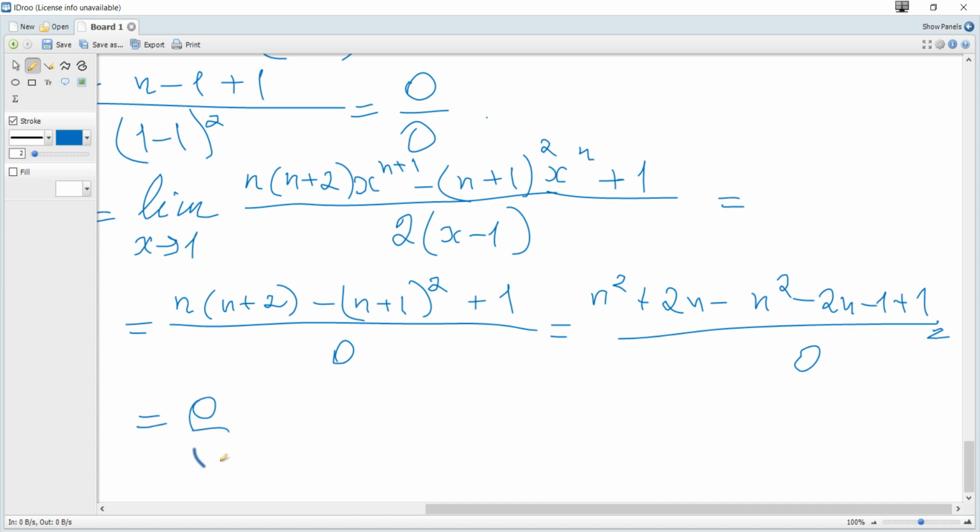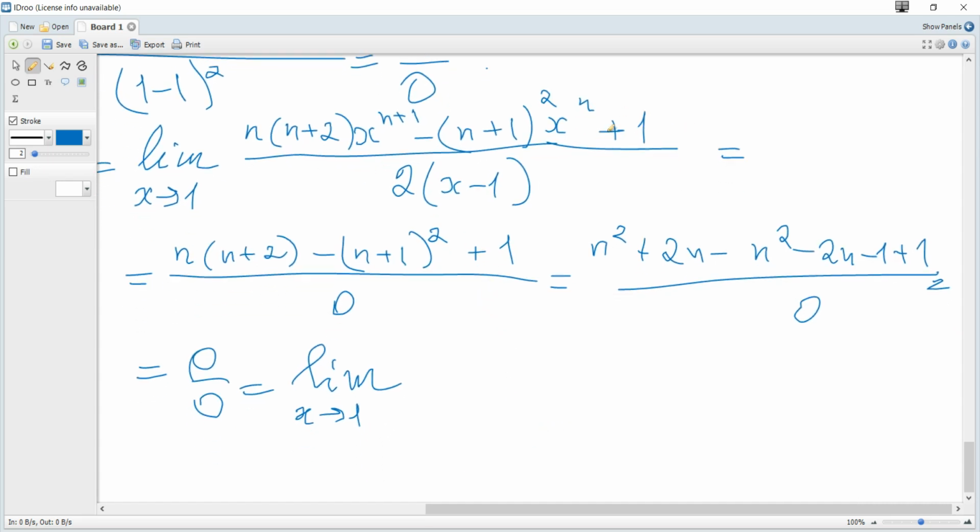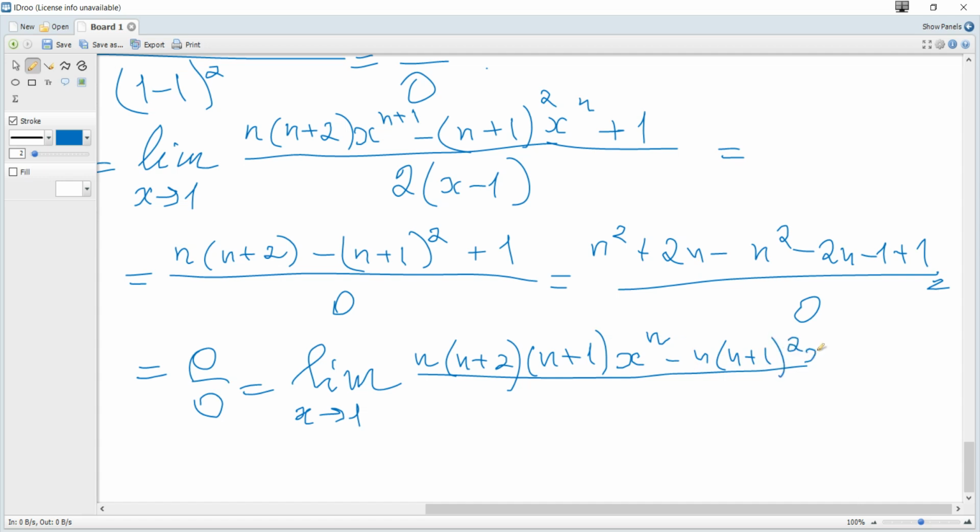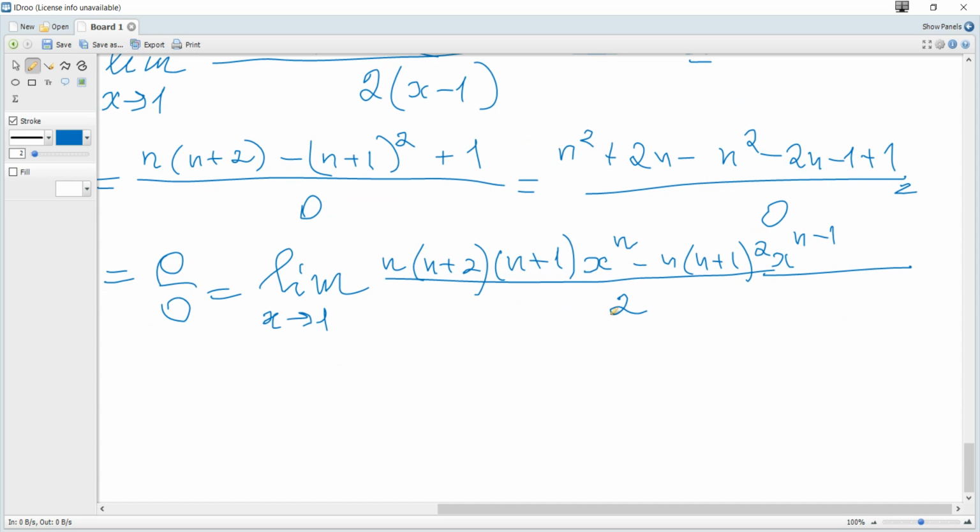So it's 0 over 0, and we apply L'Hopital's rule again. So we consider the derivative of the numerator, and it becomes n plus 2 multiplied by n plus 1 x to the power of n minus n plus 1 squared x to the power of n minus 1 plus 0, divided by 2, and the derivative of x minus 1 is just 1, so just divided by 2.